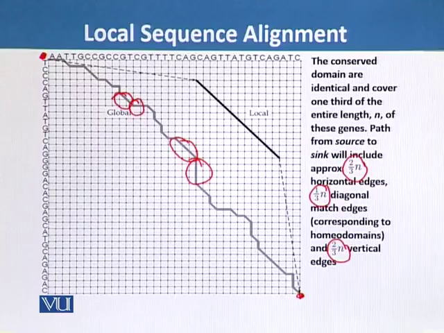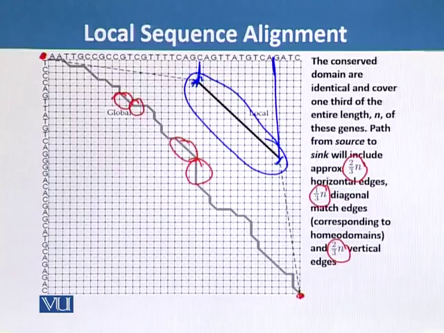But in the case of the local sequence alignment, it is represented by a single diagonal line. It means that all the nucleotides from this position up to this position, and from this position to this position, are total matches with each other.